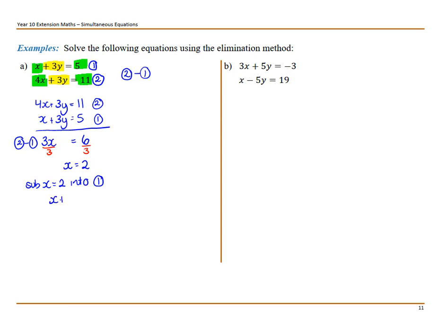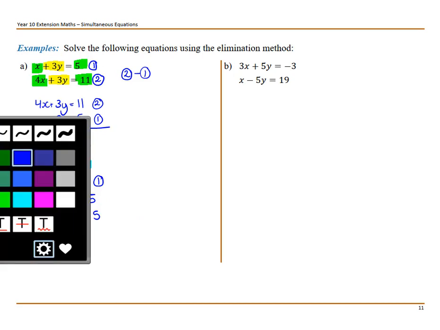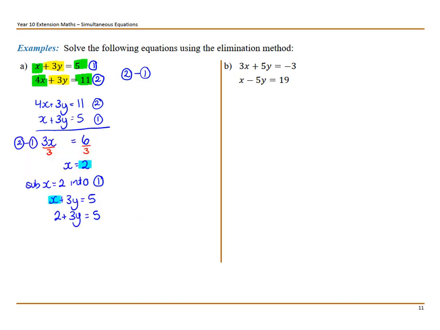So we've got x plus 3y equals 5. x is 2, so we're substituting this 2 into there. So we have 2 plus 3y equals 5.